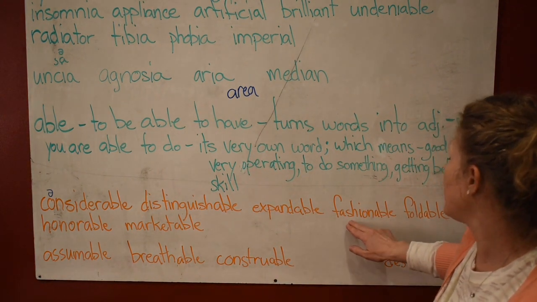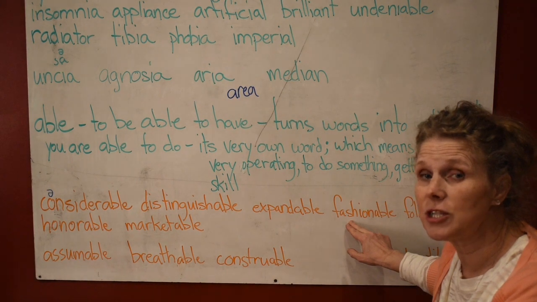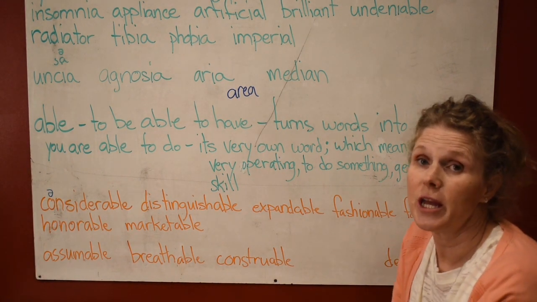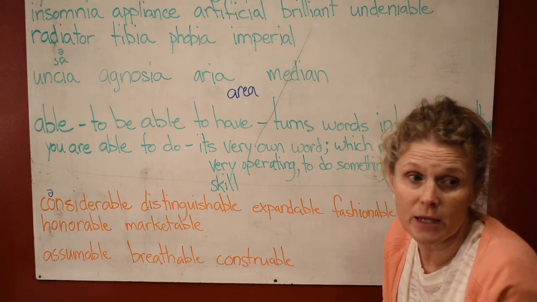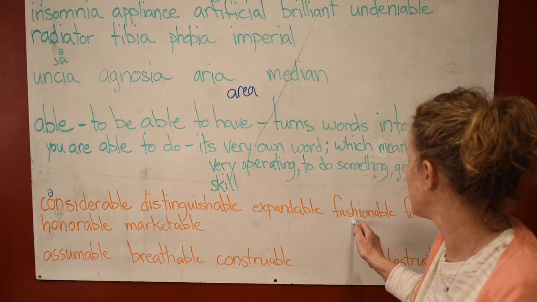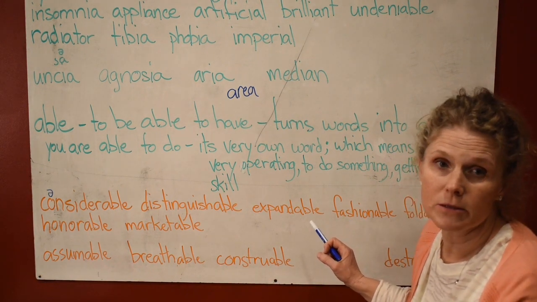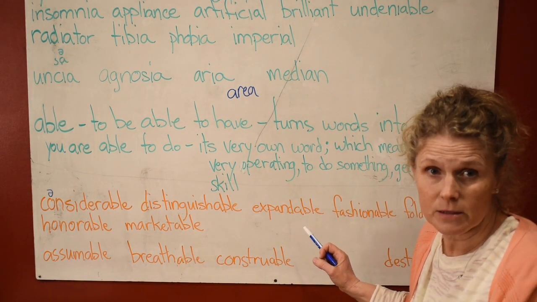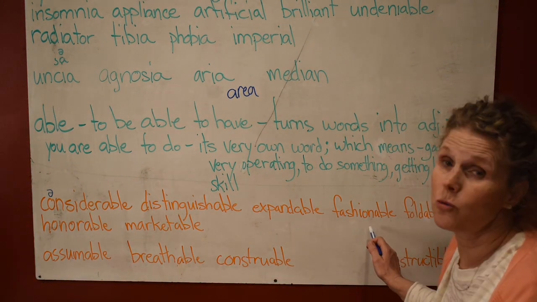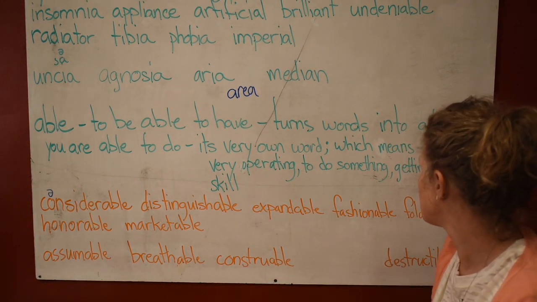Fashionable. Hey, and by the way, this SH is one of the few words where you're going to have an SH in the middle of words, because they typically go at the beginning and at the end. What do we have in the middle? TI is in CI. So this is one of those few words that will do that.